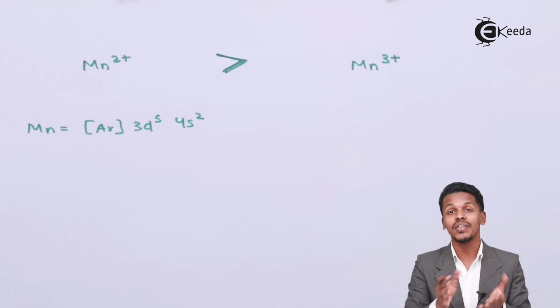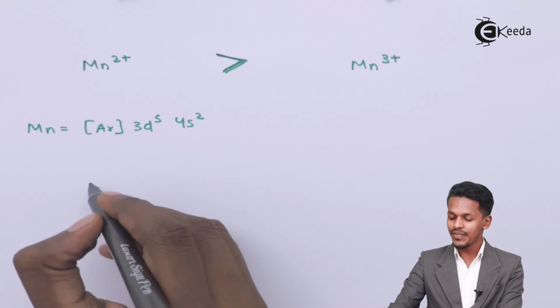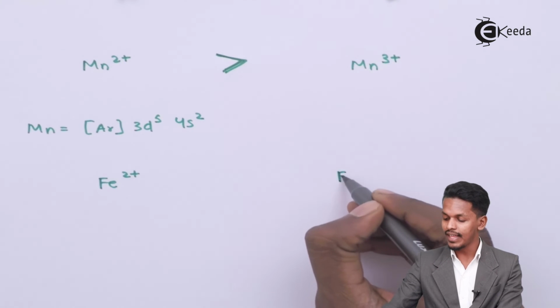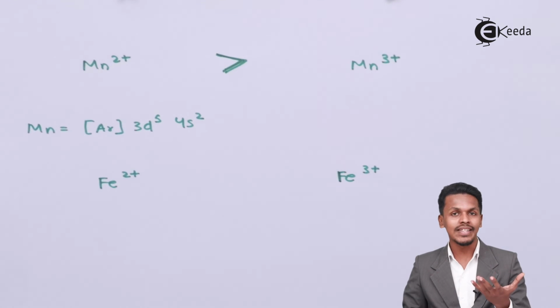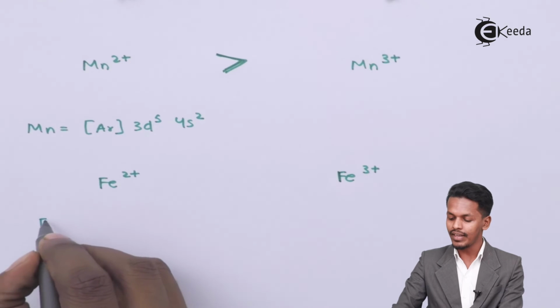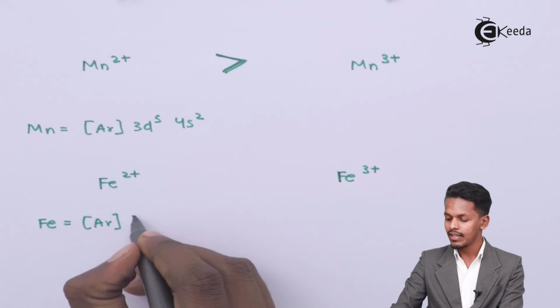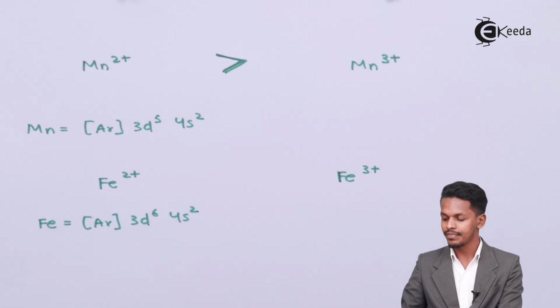But it is very much reverse if we talk about Fe3+ and Fe2+. For that we should understand the electronic configuration of Fe, which is argon 18, 3d6, 4s2.